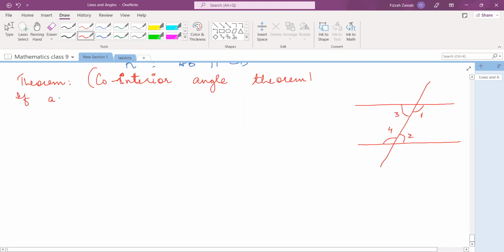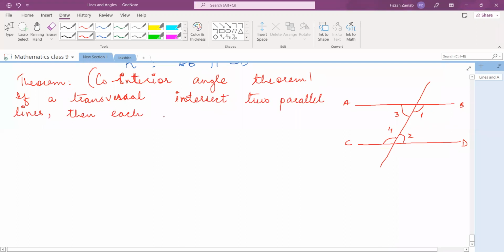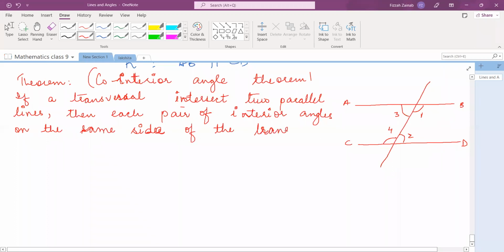Now write down the theorem: if a transversal, okay, this is my line AB and CD, so if a transversal intersects two parallel lines, then each pair of interior angles on the same side of the transversal is supplementary.